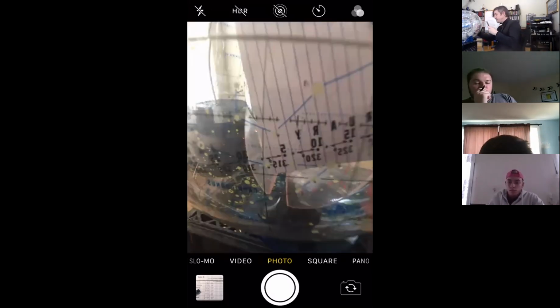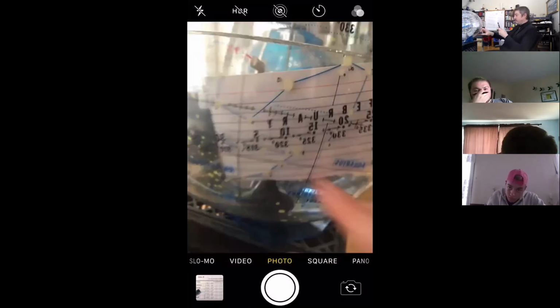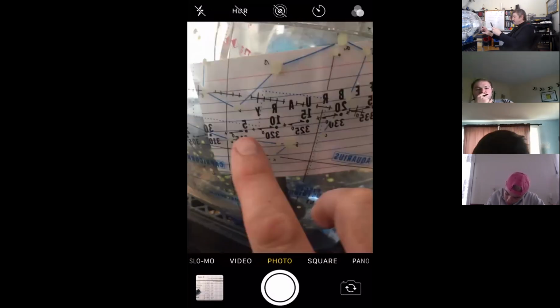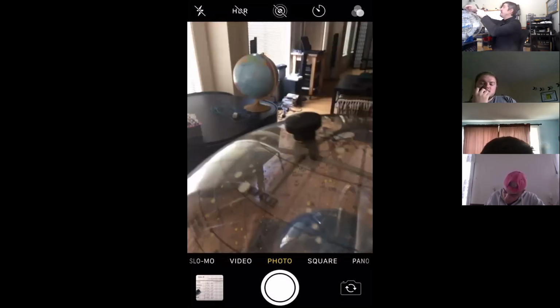One of the reasons why this globe is pretty tight is it has the ecliptic printed on it, with dates along the ecliptic, like February 5th, February 10th. They even have a little nubbin up at the top that moves the little sun along the dates of the ecliptic so you can see where the position of the sun is on the celestial sphere.